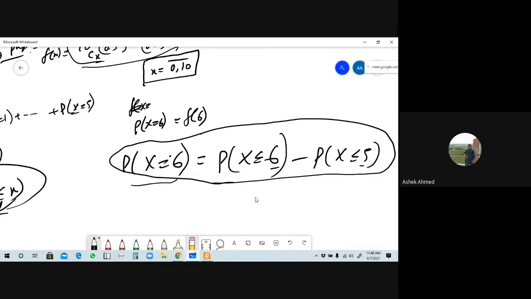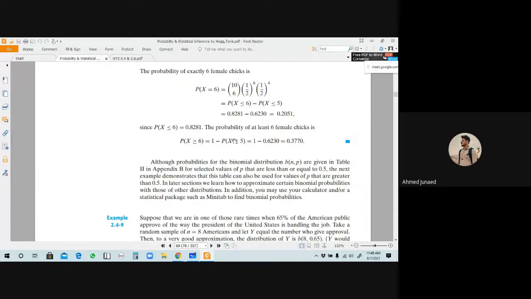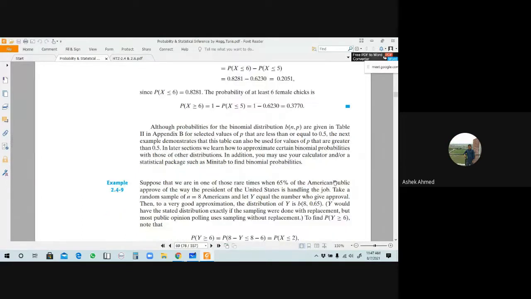Okay, this is the probability of x equals to 6, the value will be probability of x is less than or equals to 6 minus the probability of x is less than or equals to 5. Yeah, understand? জি স্যার। Now I can say that you will find out any values from here.